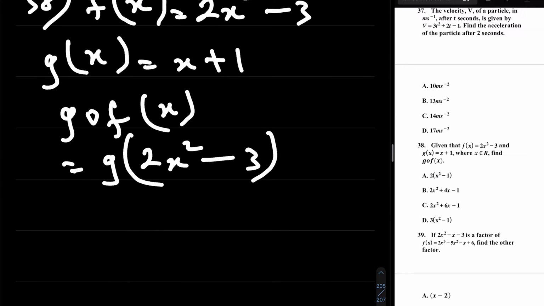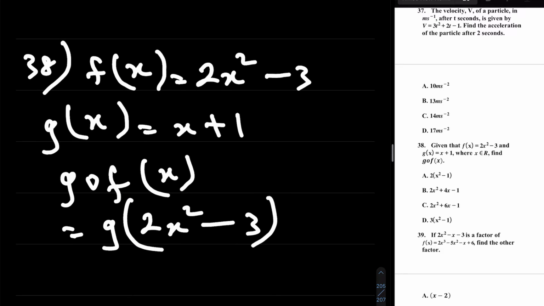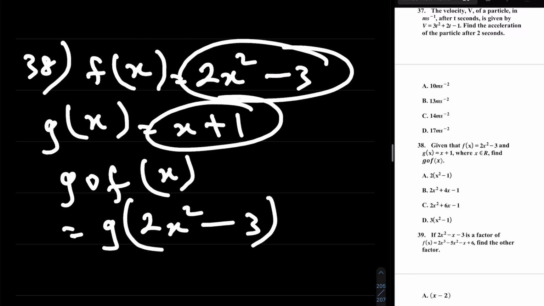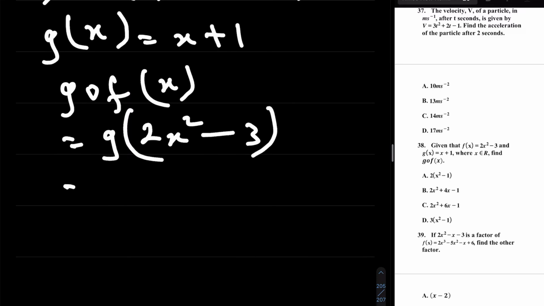So if g of x is x plus 1 and f of x is 2x squared minus 3, that means g of f of x will be g of 2x squared minus 3. I'm substituting 2x squared minus 3 for x now in g of x. 2x squared minus 3 plus 1.